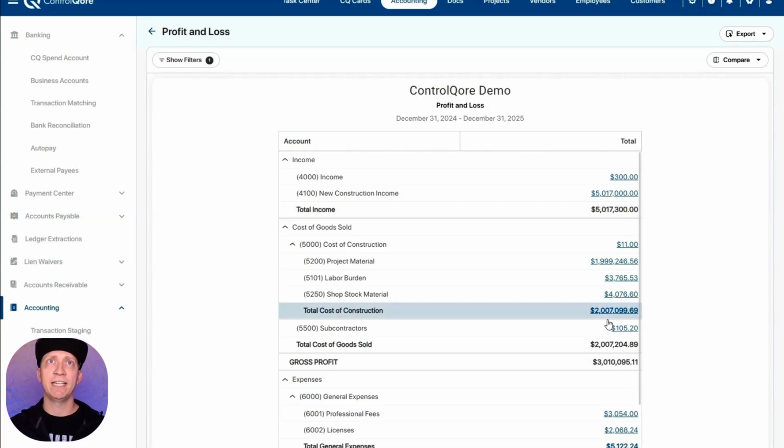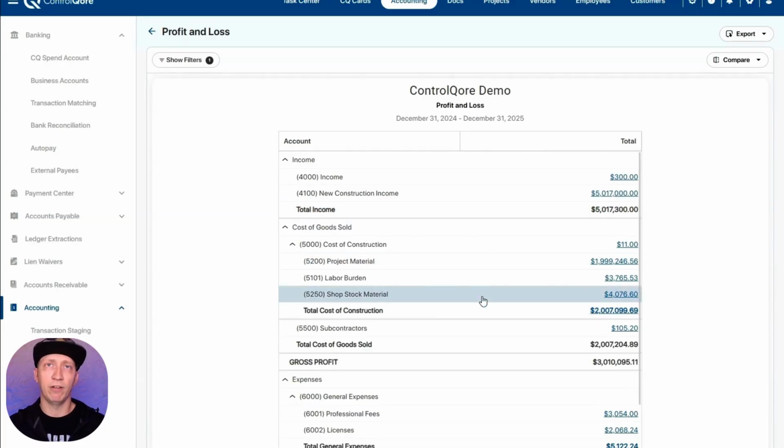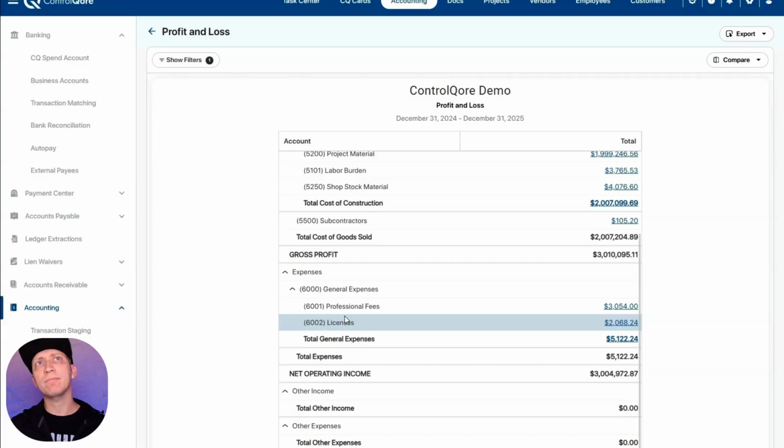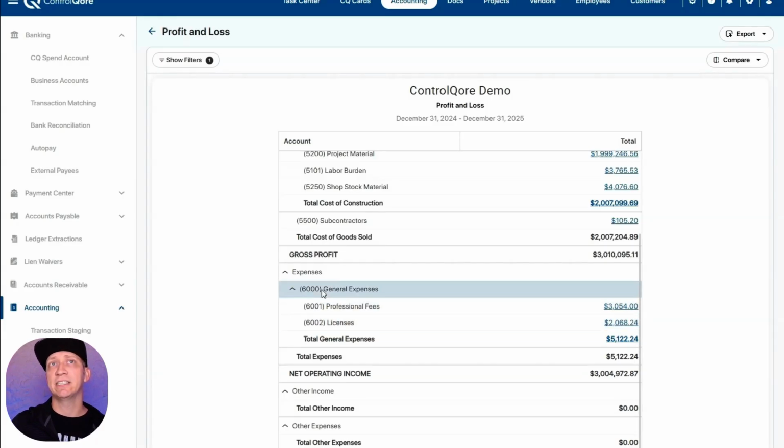So we're still forgetting all of these. Maybe we're not forgetting, but all of these costs are to build the project. What about our office? What about all the things we didn't put toward this, like software, estimating, project manager time, paying overhead, all of that, insurance, all of that, depending on where you put it in your general ledger, where you cost code it, it's going to be down here in expenses.